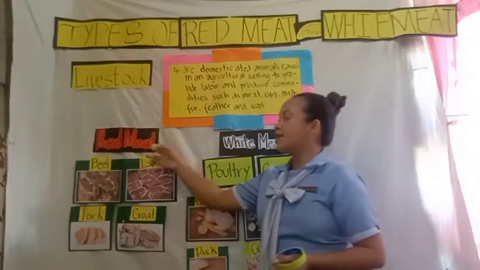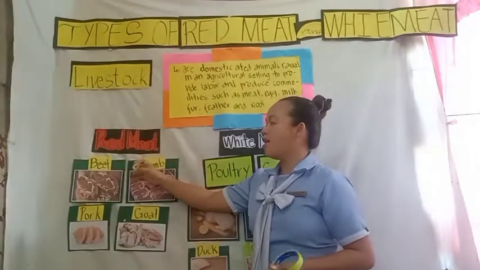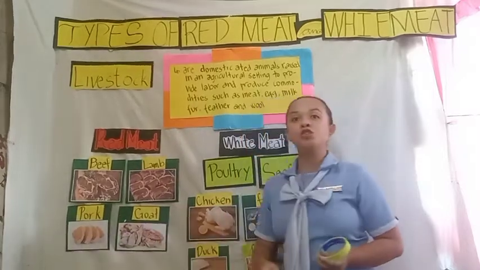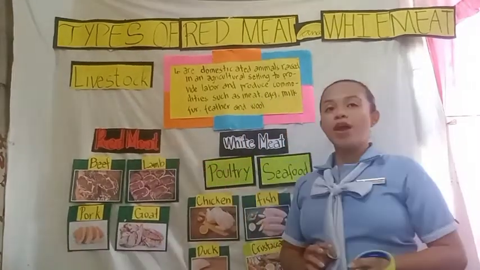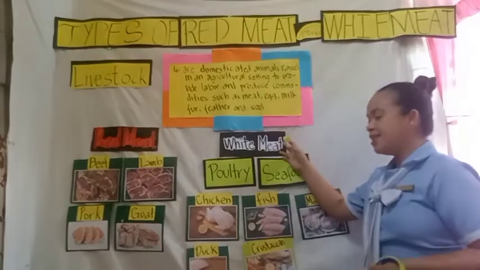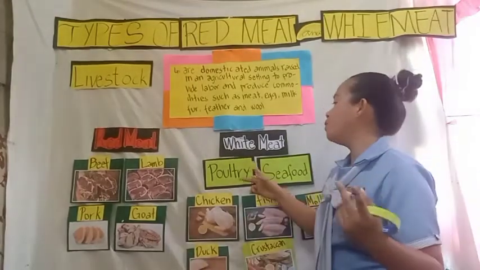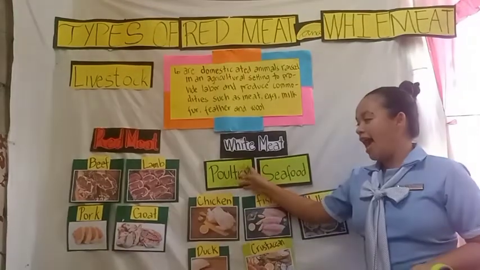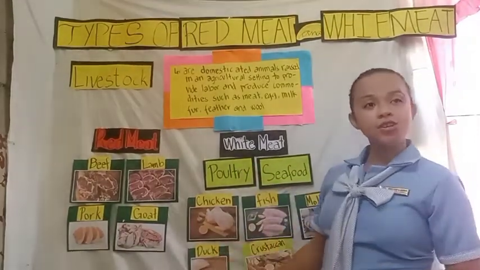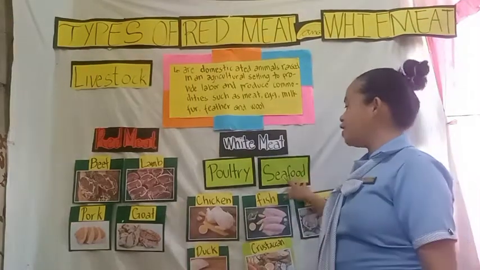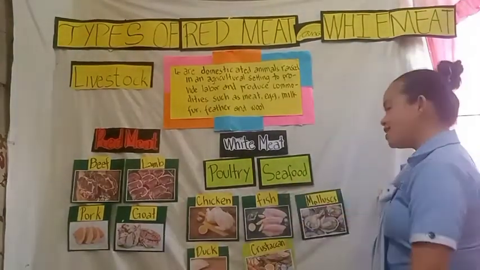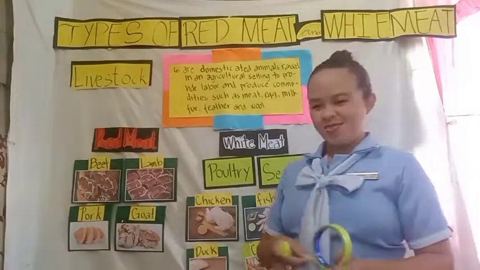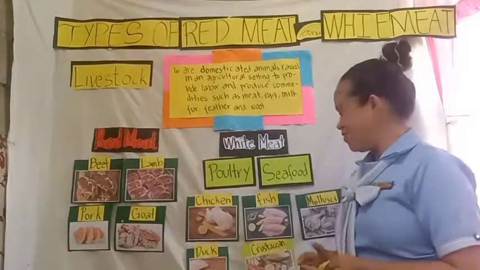The red meat includes beef, lamb, pork and goat. The white meat has two categories, the poultry and the seafood. The poultry has the chicken, the duck, the turkeys, and the seafood has the fishes, the crustaceans, and the mollusks.